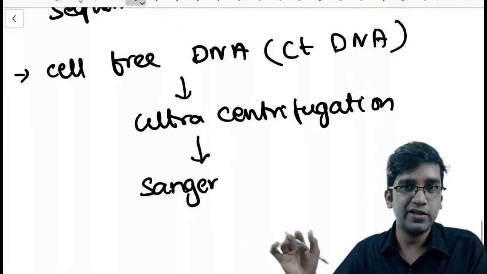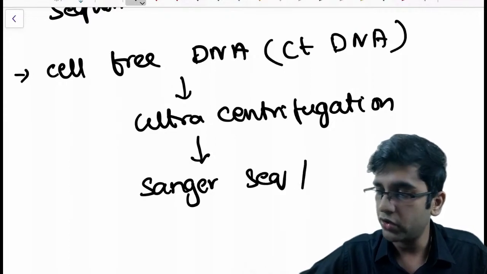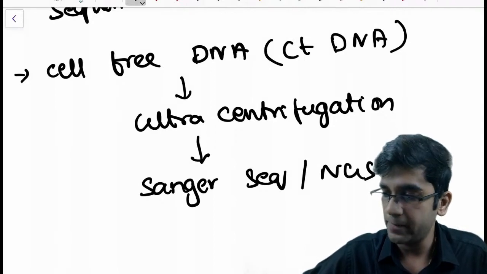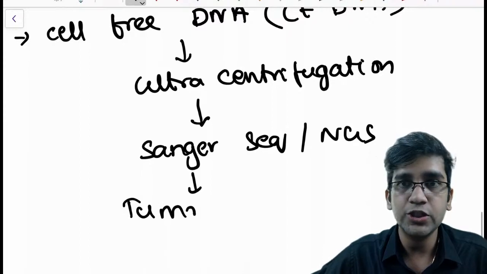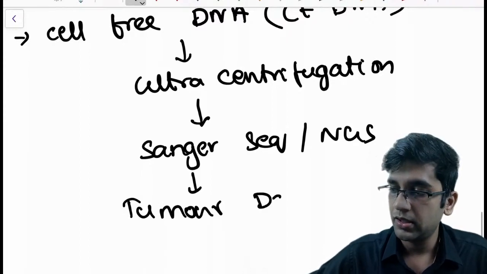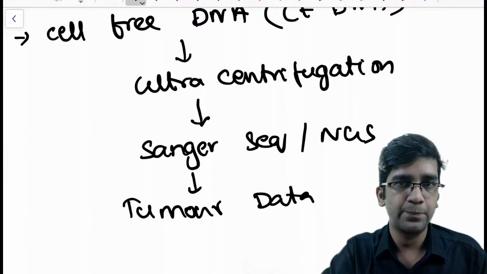You cannot use digital PCR here because the quantity is very, very tiny. Using these, we're going to analyze the tumor data. Once we analyze the tumor data, we can come to a diagnosis, or in some cases the prognosis as well.